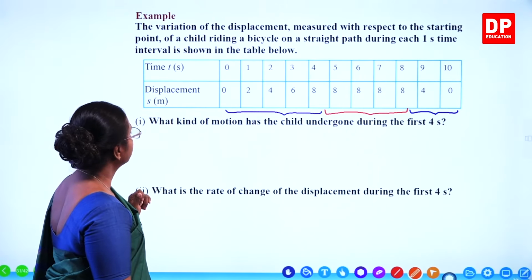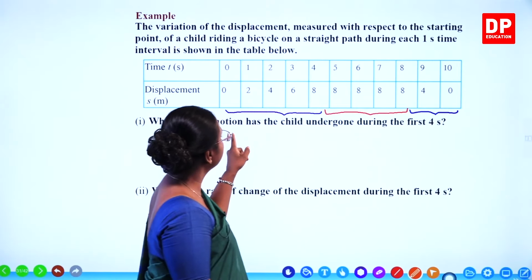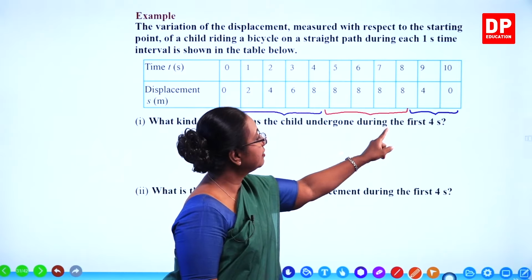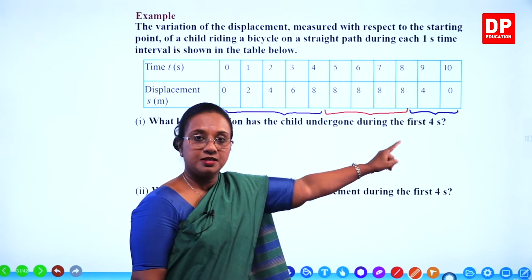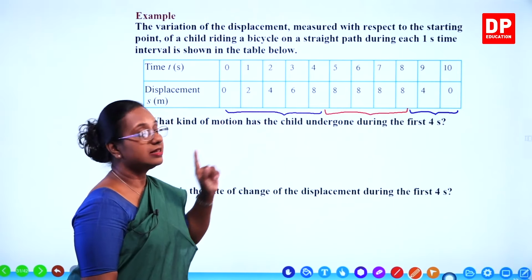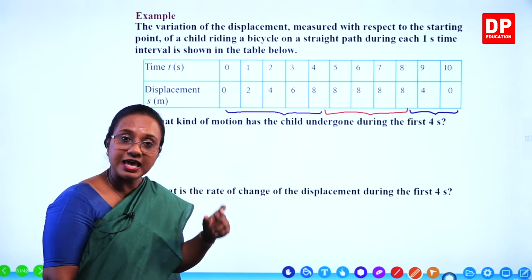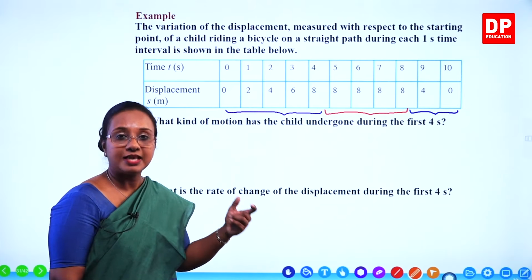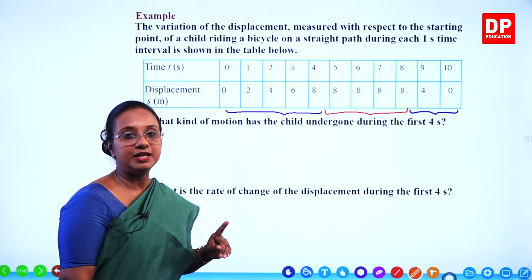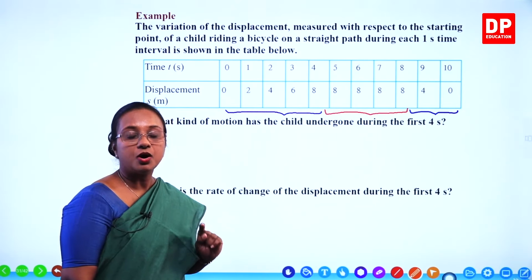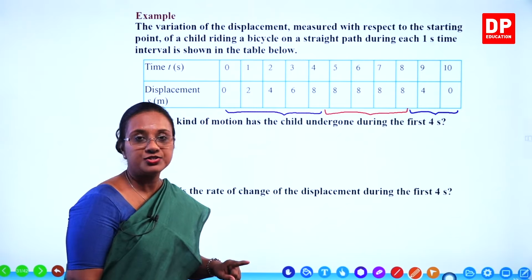So, the first question is, what kind of motion has the child undergone during the first 4 seconds? As I told you before, here you can see the displacement is the same value, 2 meters in each second. So, that means the child moved with constant or uniform velocity.